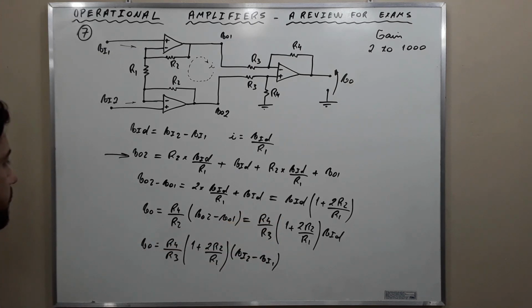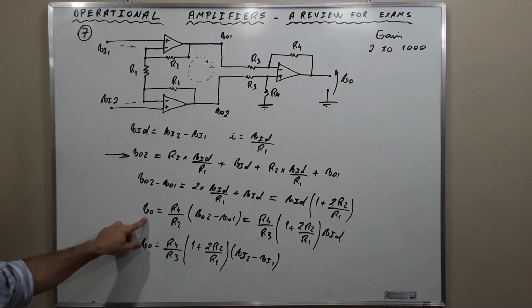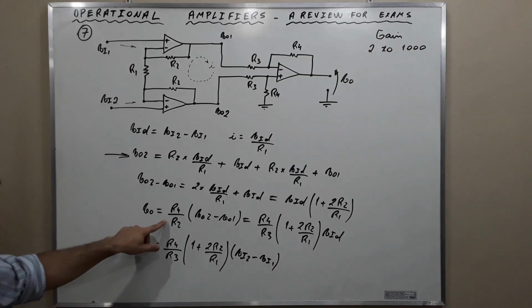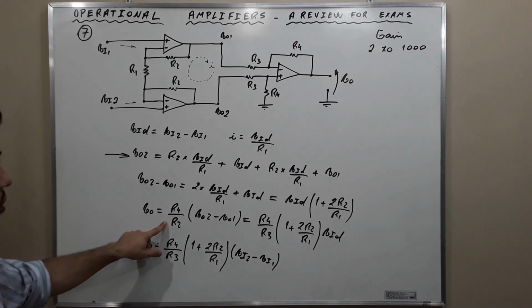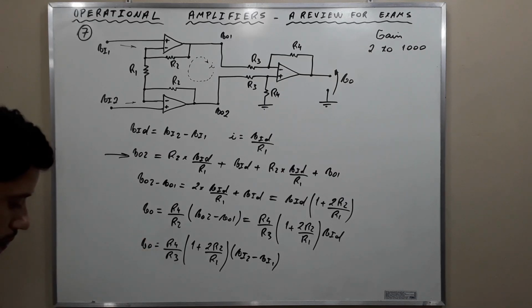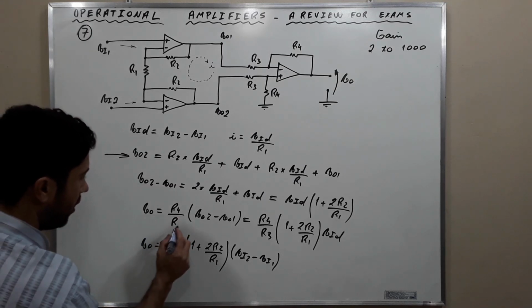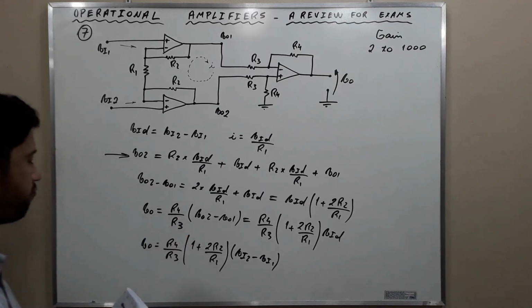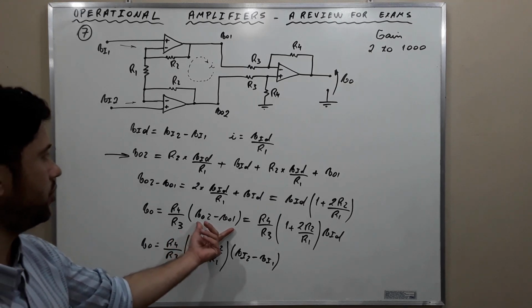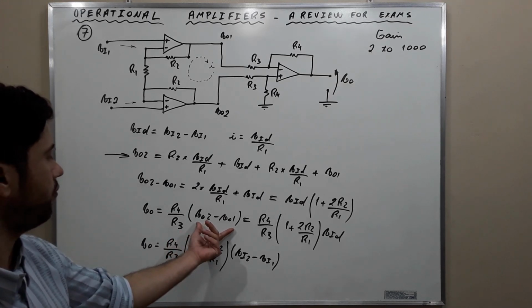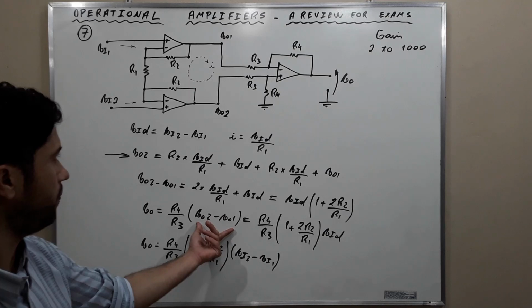And now this step here, VO is equal to R4 over R3. Sorry, I made a mistake here. R4 over R3 times this difference here, this difference in voltage. Okay?